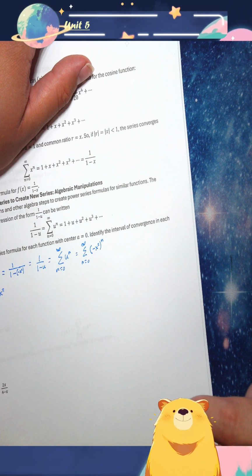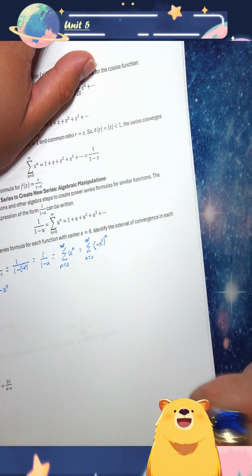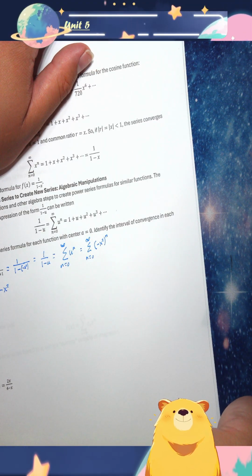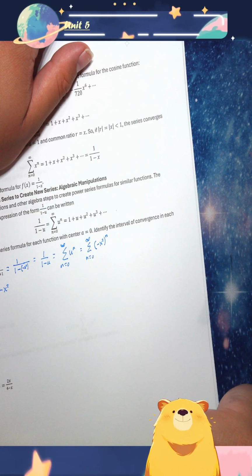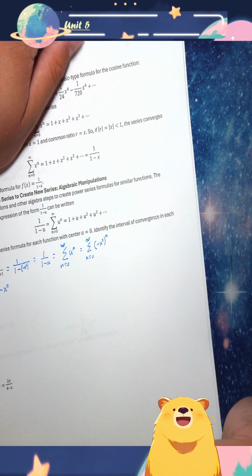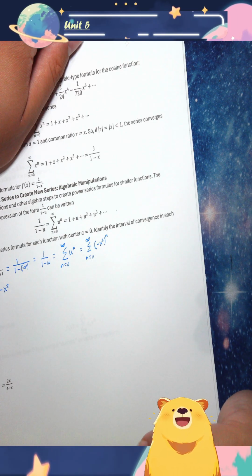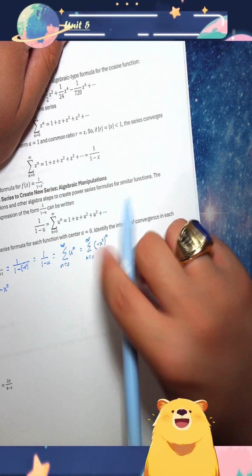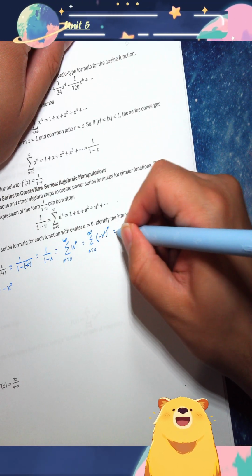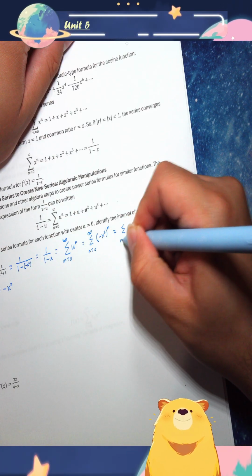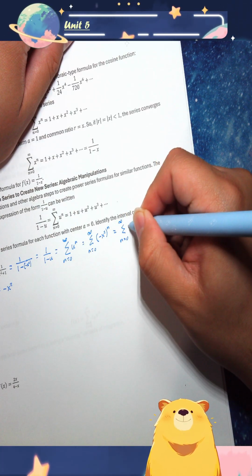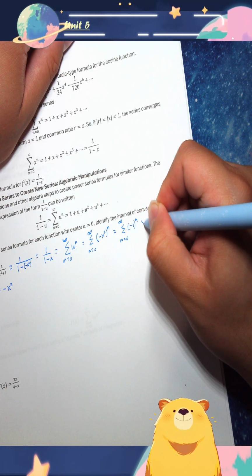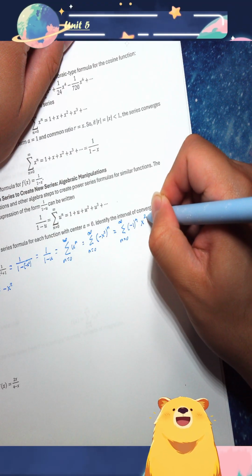Now, there's technically nothing wrong with leaving it like this, but in reality, you're better off simply rewriting it as negative 1 to the power of n, and then x to the power of 2n.